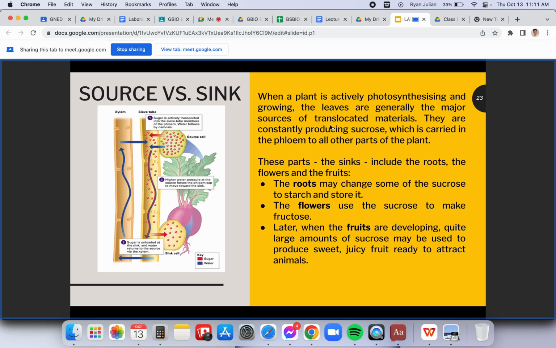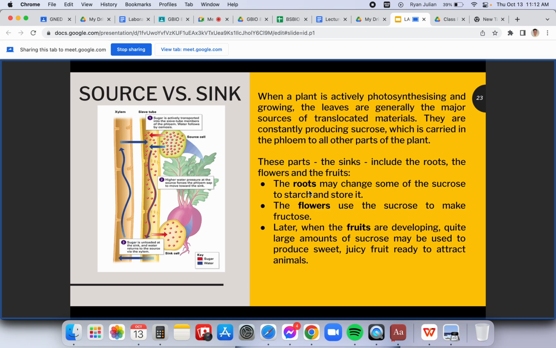Again, translocated materials can also be referred to as photoassimilates, or assimilates for short. They are constantly producing sucrose, which is carried in the phloem to all other parts of the plant. These parts, which are specifically the sinks, include the roots, the flowers, and the fruits, of course.